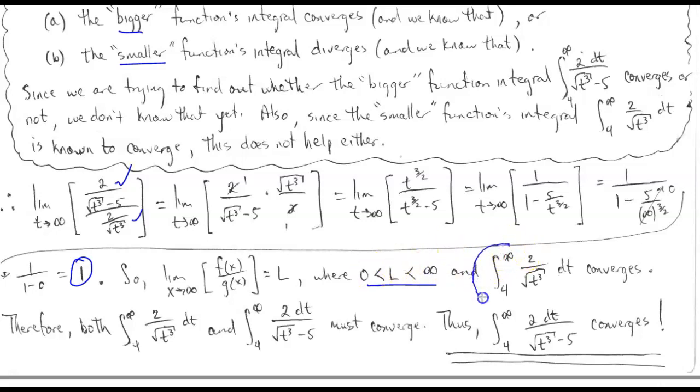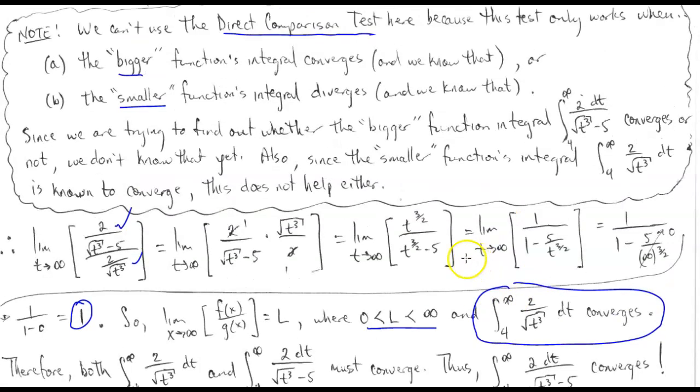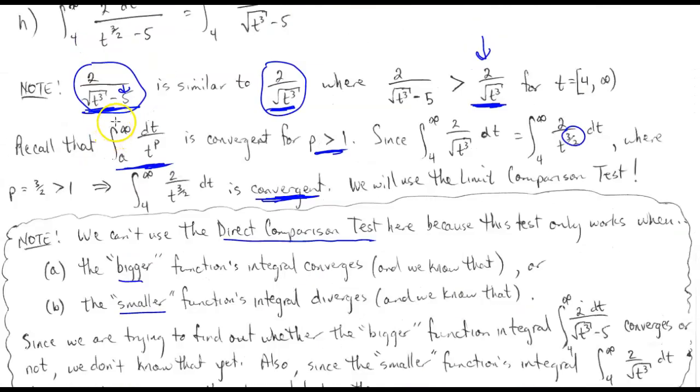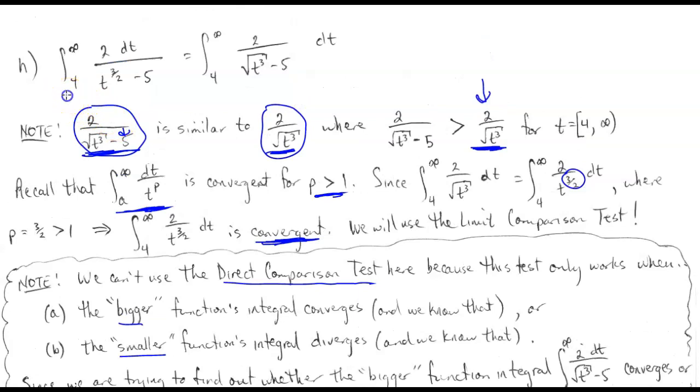Because of that fact, we know that our original improper integral that we were considering, which was way up here, is going to converge, because the limit comparison test says that if our functions and improper integrals meet all these conditions, then either both improper integrals converge or they both diverge.